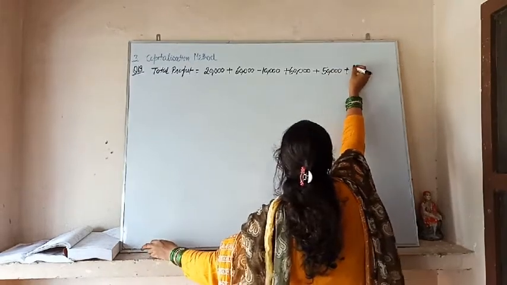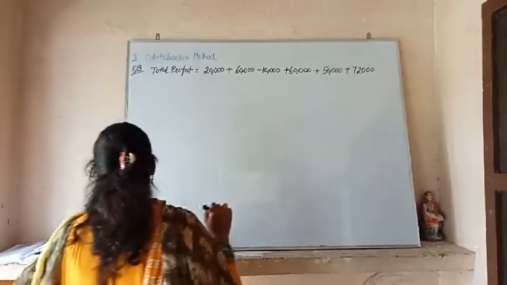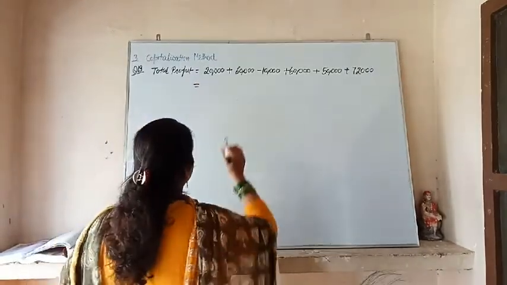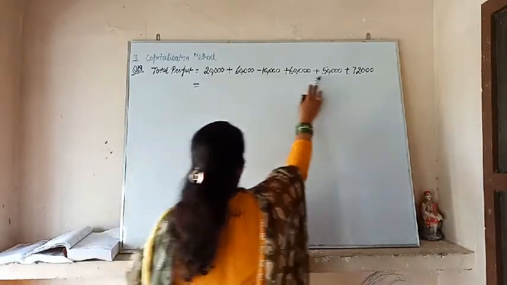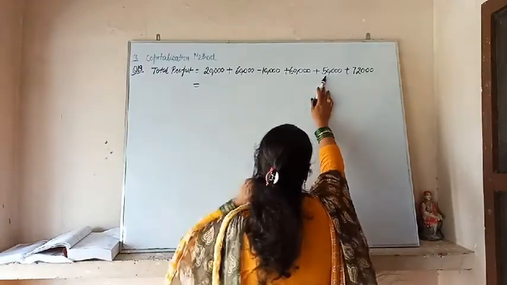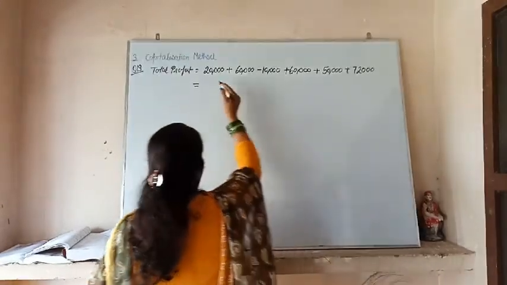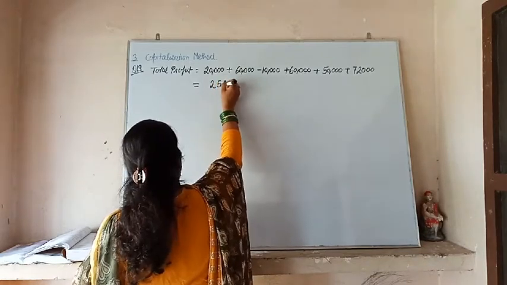And sixth year profit is given as 72,000. If we add all these, 2,52,000 has come.